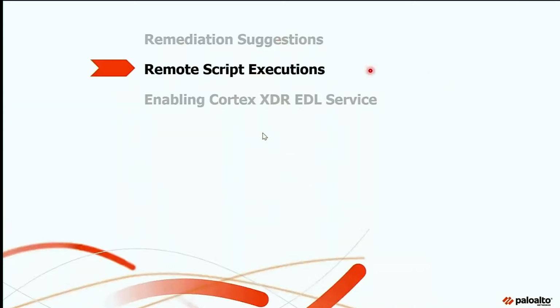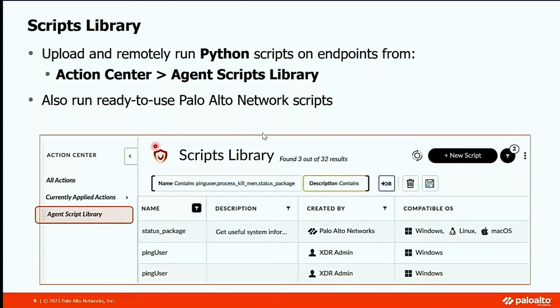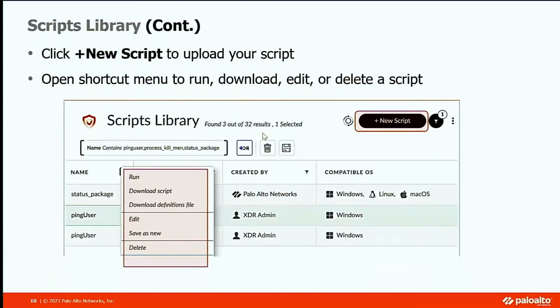All right, so now I can catch up on some slides for that. We talked about remote script execution. In the agent script library in your Action Center, we have lots of scripts provided by Palo Alto Networks, ready to use Python scripts. If you want to upload your own script, we have the new script button.